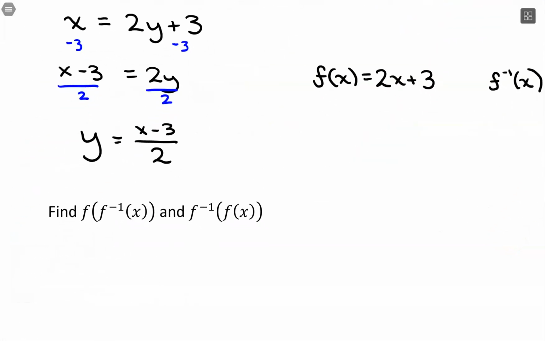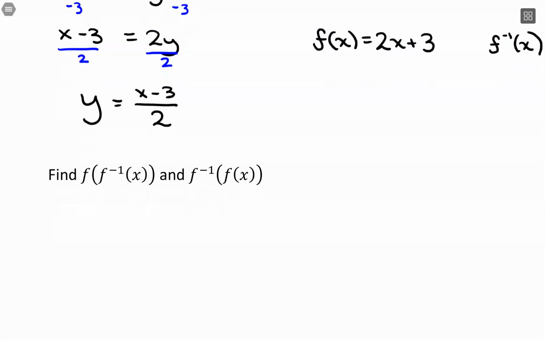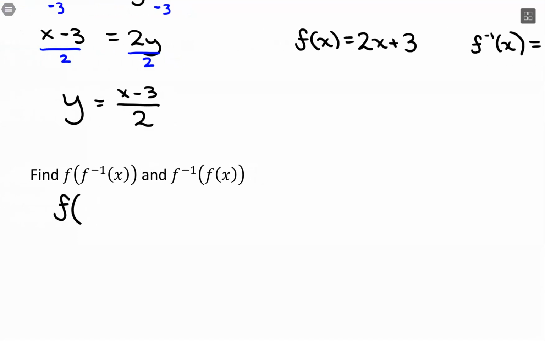Let's take a look at some of our composite functions, of what happens when we layer an inverted function with the original function. So if we have the original function on the outside here, and we're plugging in the inverse function, which we just found as (x minus 3) over 2.